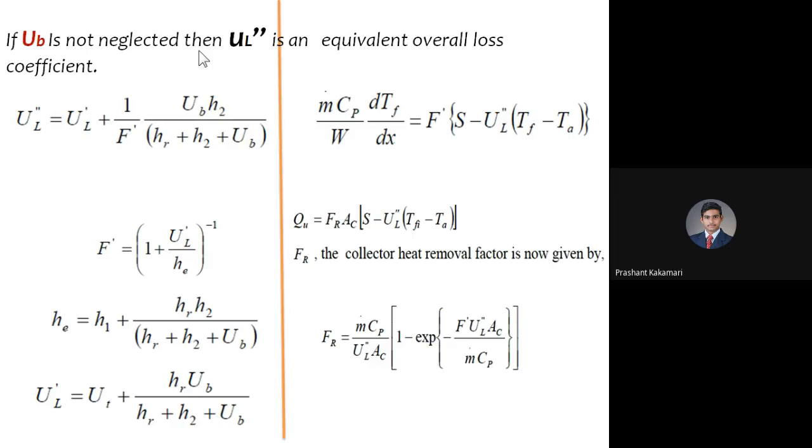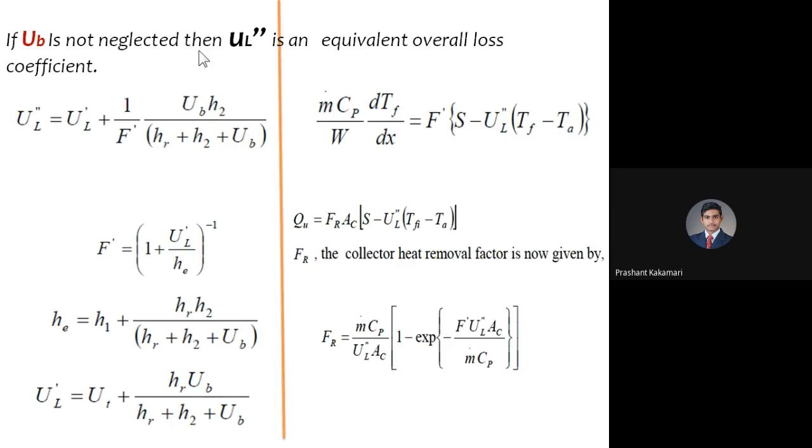Side losses are very negligible because the entire side of the air heater is completely open for the air movement. It is not closed like the liquid flat bed collector. So we neglected to consider the side loss also. Side losses will be very small because air itself is moving in the sides of the flat bed collector.